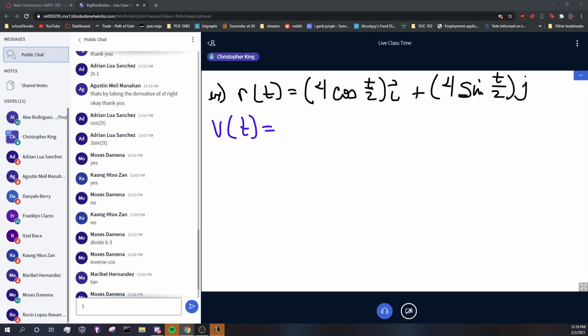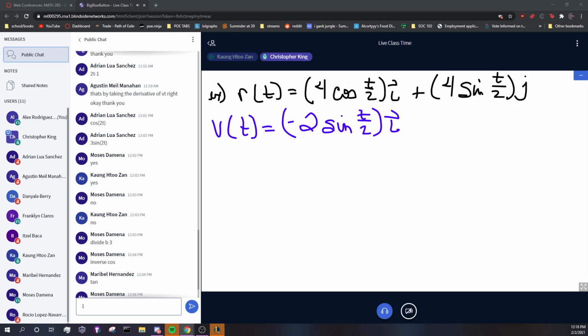So what's going to be the first component? Negative 2 sine of t over 2 in the i direction.